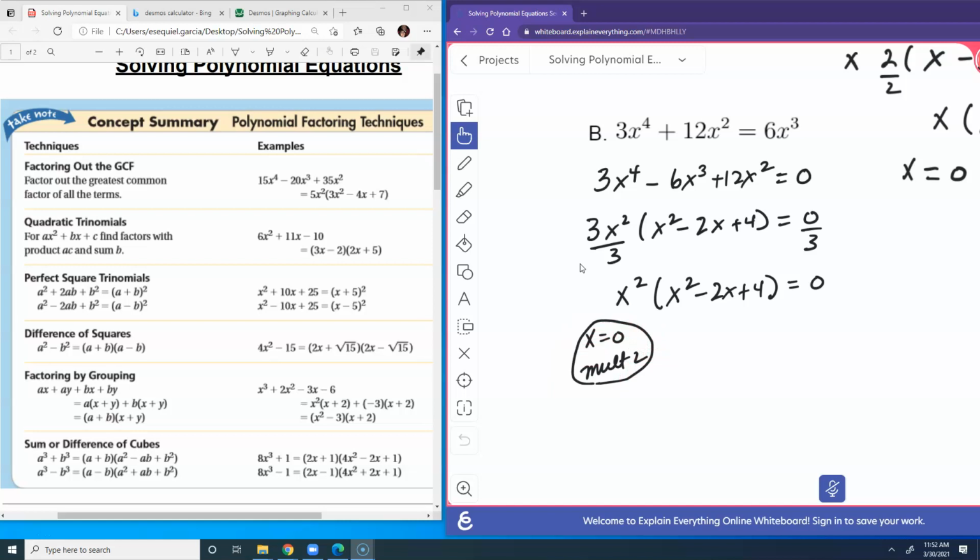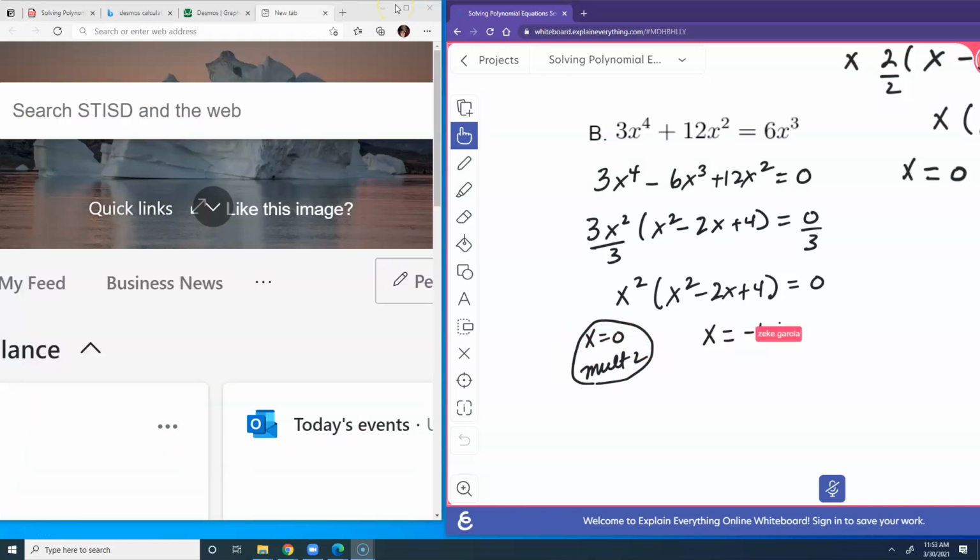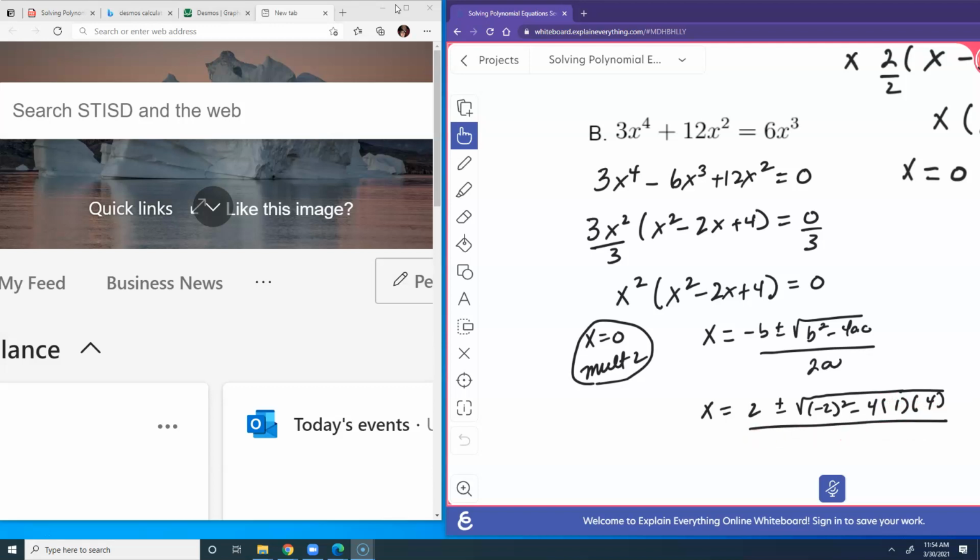For this I'm going to have to use the quadratic formula. The formula is negative b plus or minus the square root of b squared minus 4ac, divided by 2a. So what I'm going to do is substitute. So I have x equals 2 plus or minus the square root of negative 2 squared minus 4 times 1 times c, which is 4, divided by 2 times 1.